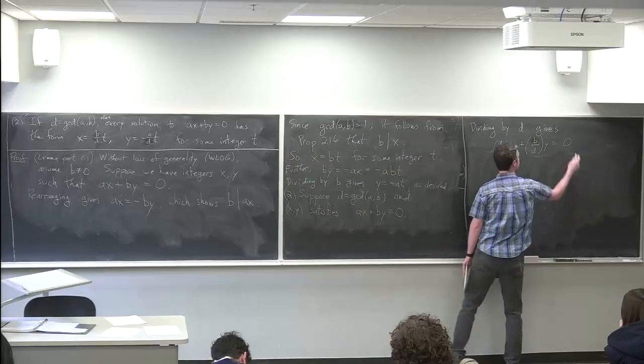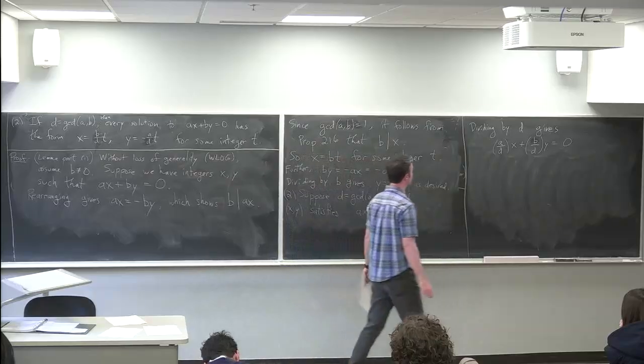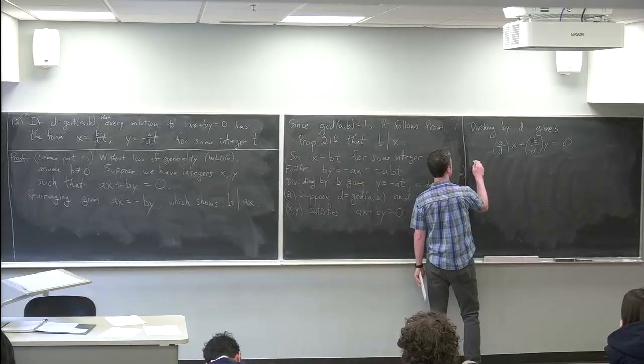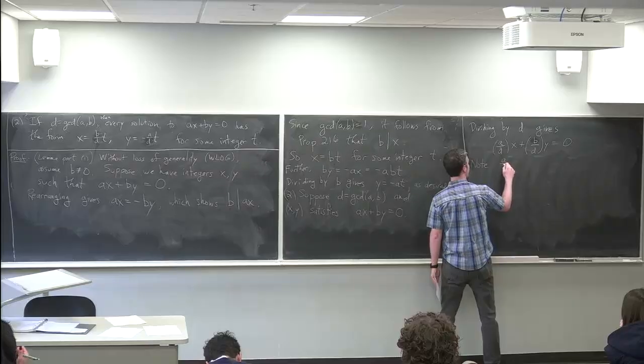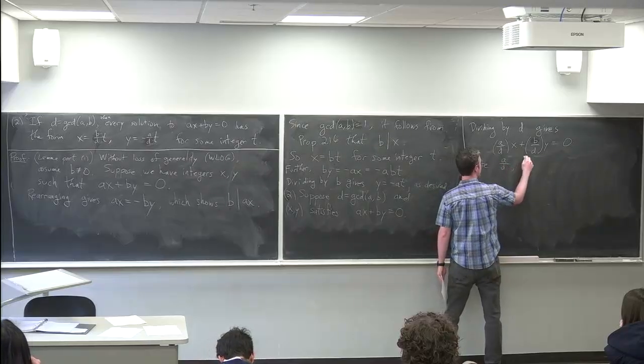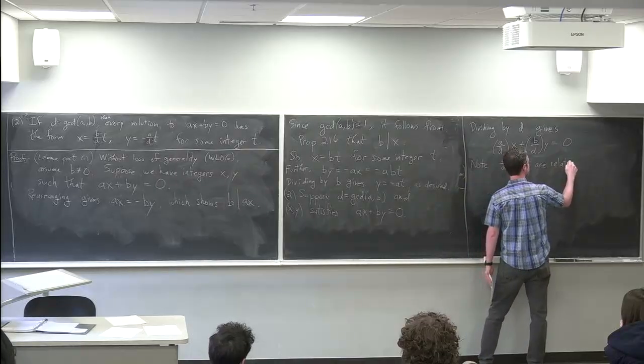And 0 divided by d is 0. So note that a over d and b over d are relatively prime integers.